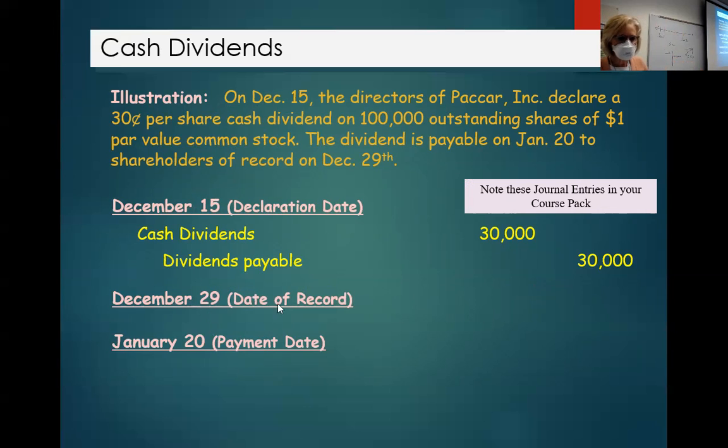If they sell their stock after December 29th, it doesn't matter, they get the dividend, okay? So between the 15th and the 29th, the value of that stock will go up at least 30 cents because there's a dividend invested. Whoever buys that stock between the 15th and 29th will be receiving the dividend.